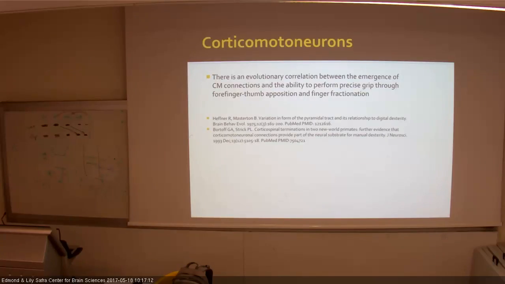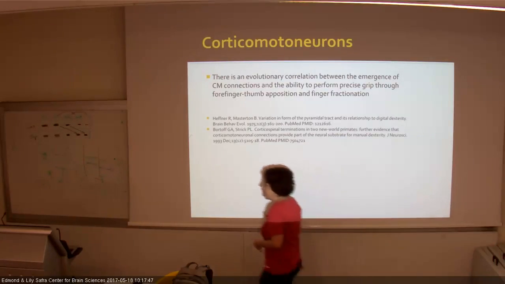So a precise grip, the ability to hold objects with the thumb and the forefinger, and these cats cannot do this. And the fact that we are able to activate each finger separately, right? Cats or lower animals can only have extension or flexion of the entire fingers. They cannot control fingers independently.